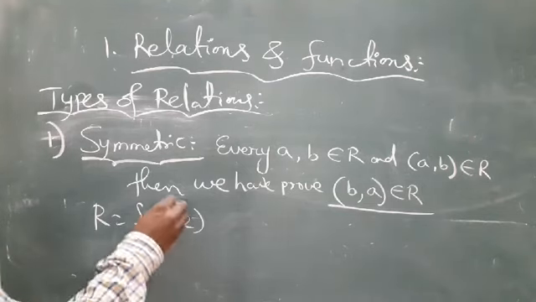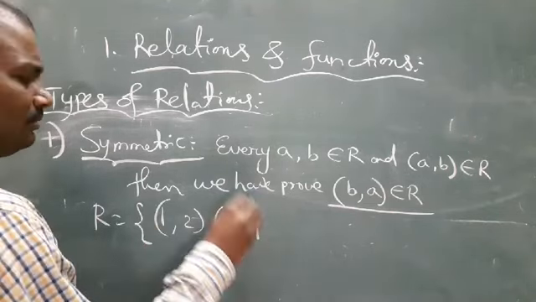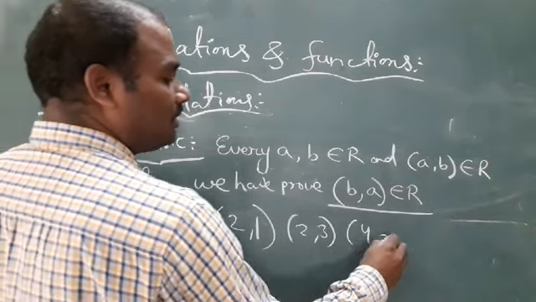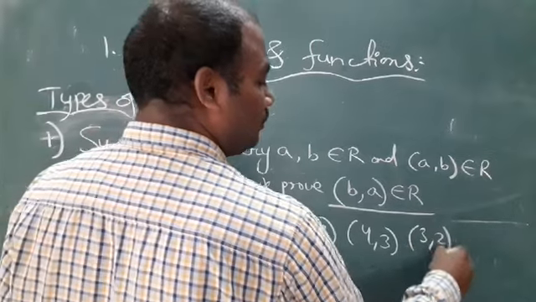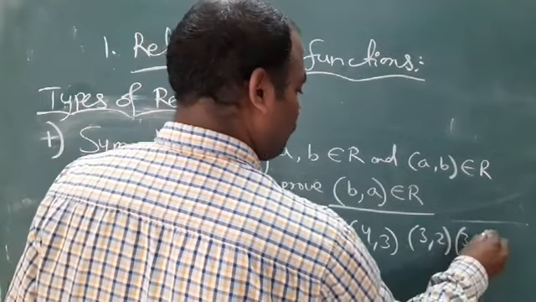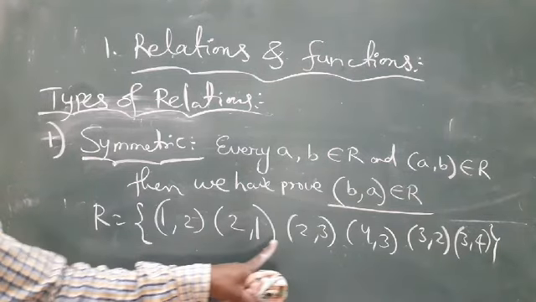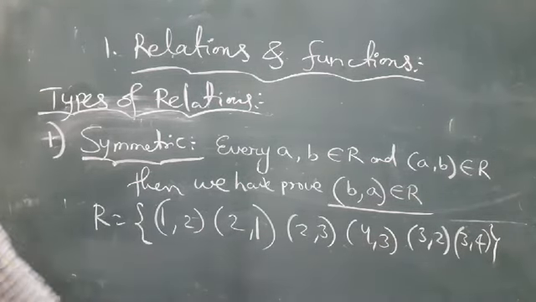(1, 2), (2, 1), (2, 3), (3, 2), (4, 3), (3, 4). Now observe: 1 comma 2, 2 comma 1, 2 comma 3, 3 comma 2, 4 comma 3, 3 comma 4.